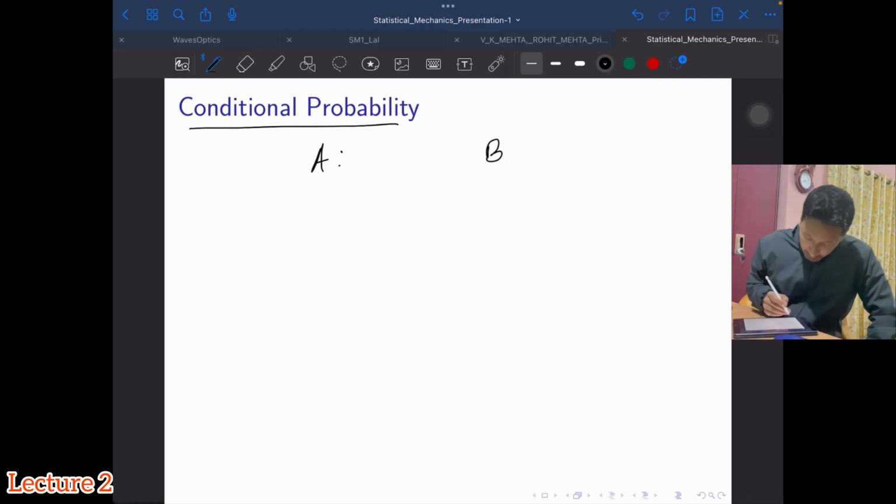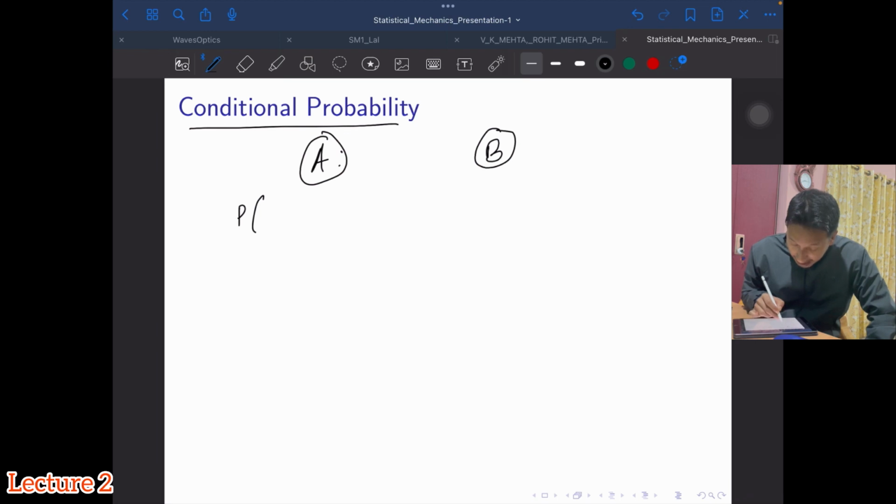Let's say event B has occurred first, and then we are interested in the probability of the occurrence of event A with the condition that event B has occurred.